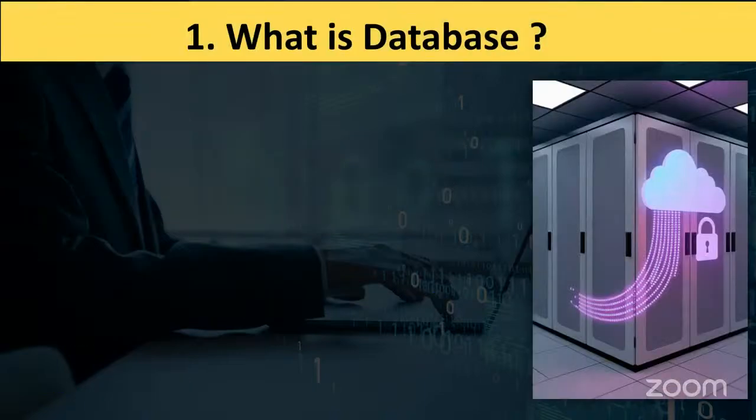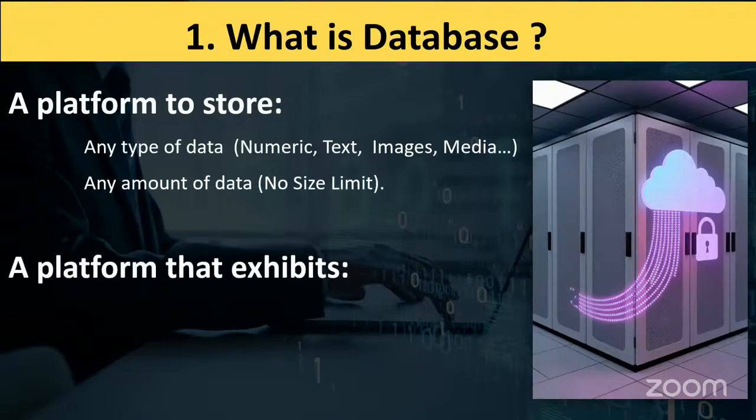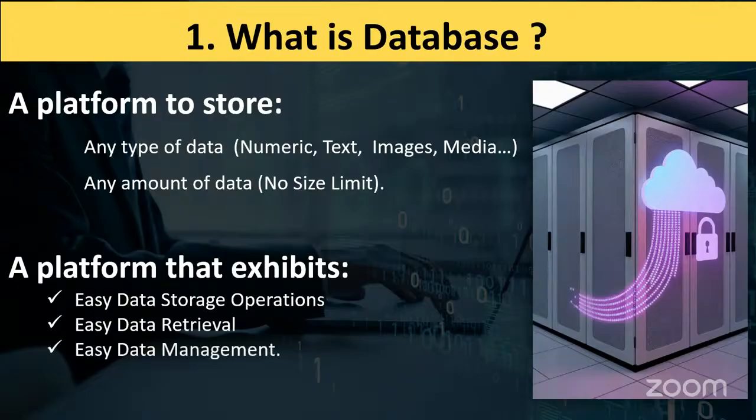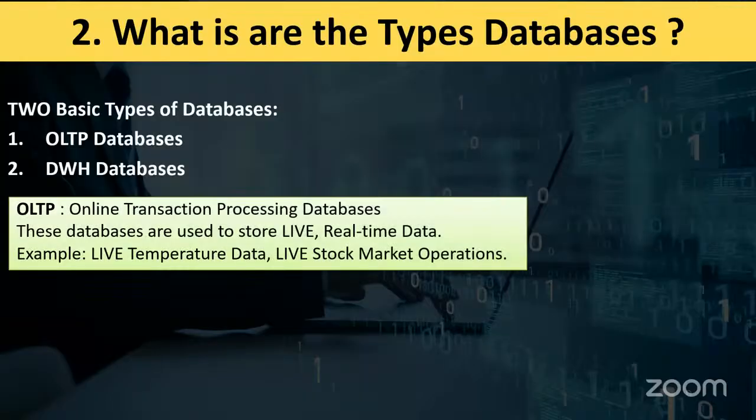Let's get started slowly. To step into Databricks technically, we should know what is a database first. A platform to store any type of data, any amount of data. This database is usually used to store live real-time data, and there is a special type of database called a data warehouse.